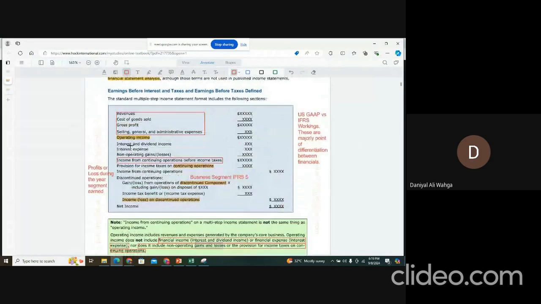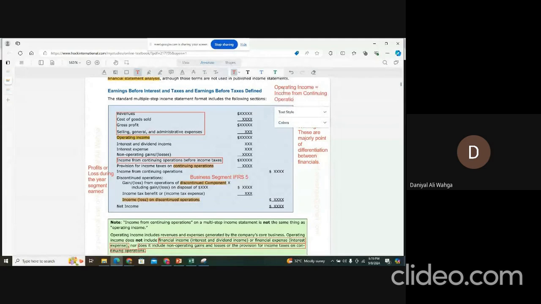While I'm just making an assumption, there's been a case where operating income equals my income from continuing operations.